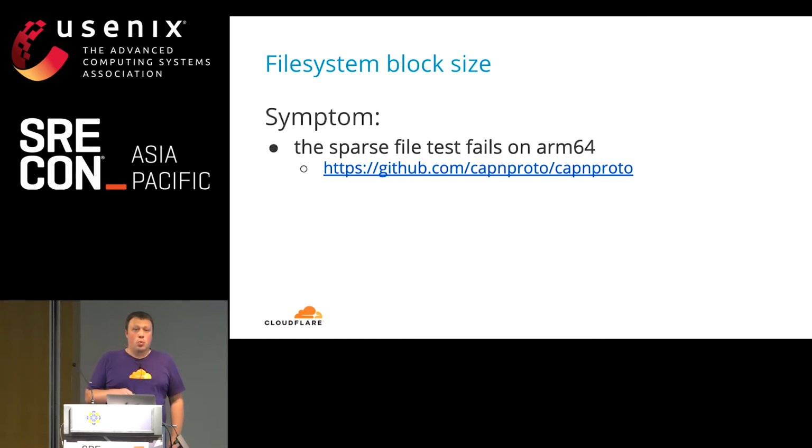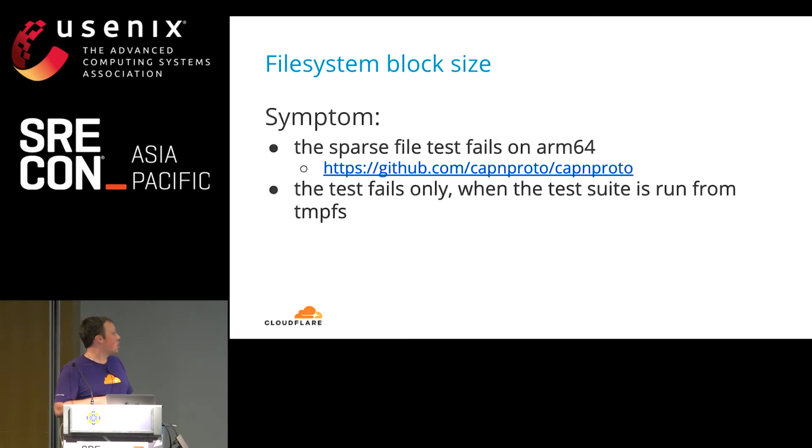So for us, the symptom was that the software worked fine, but the test suite for Cap'n Proto, a protobuf-like messaging solution we use, just fails on ARM64. And it fails in an interesting way: the test fails only if you run the test suite from tmpfs and not from any other file system.